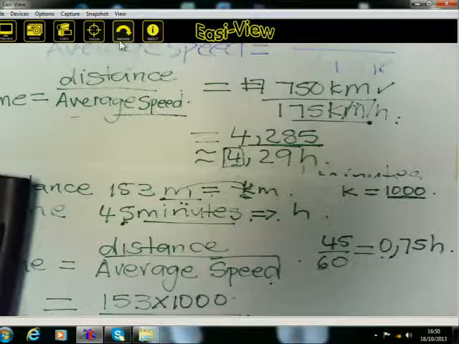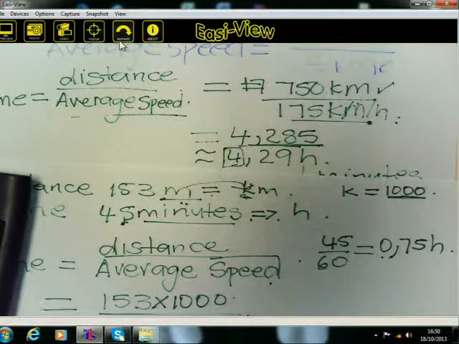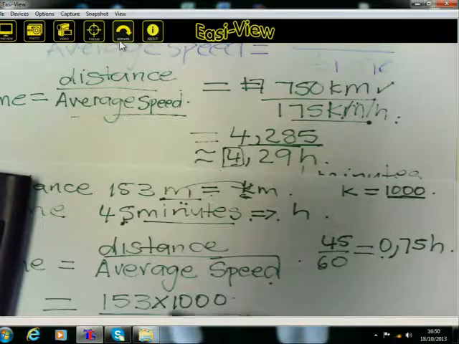Therefore, our distance is 153 multiplied by 1,000, which is 153,000.